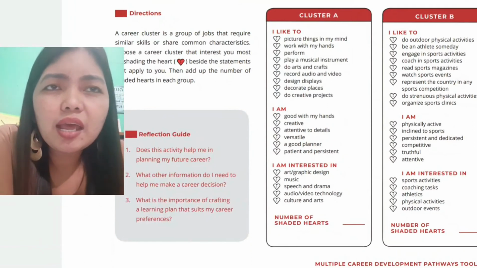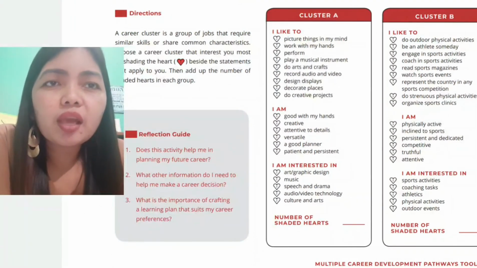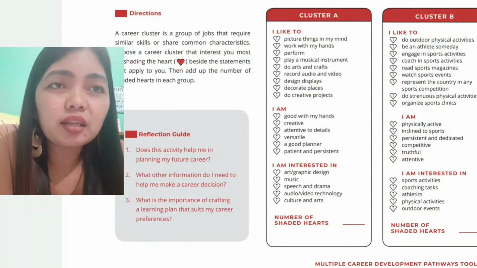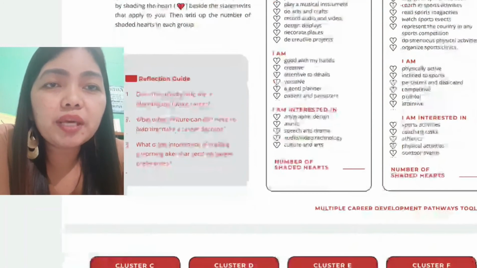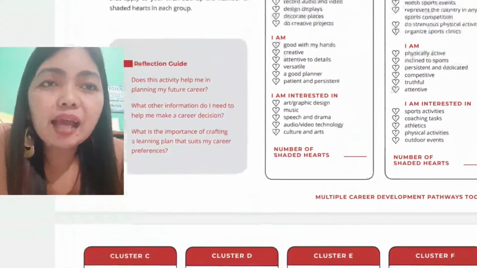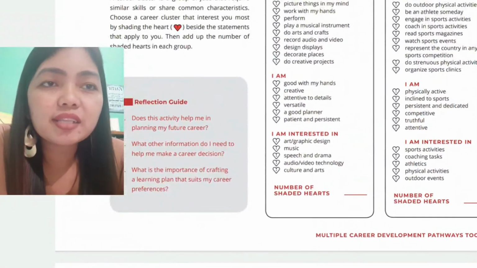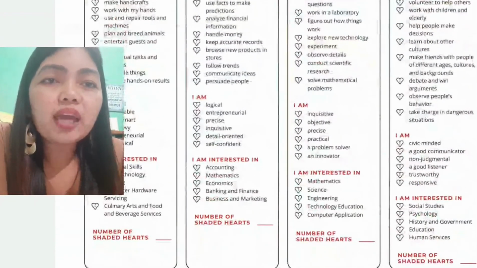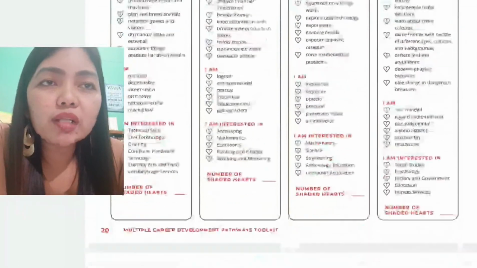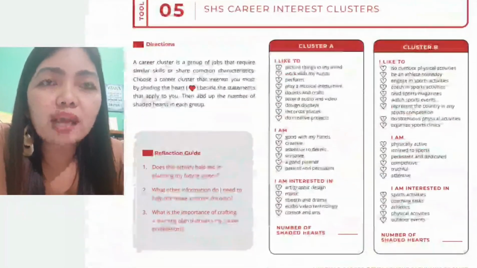So, kung alin dyan napili nila, they have to shade the heart. And next is I am, and then I am interested in. Same thing with cluster B. Then after which, kailangan nilang bilangin kung ilan yung mga shaded hearts na. Okay? And they have to do it for the different clusters, up to cluster F. So, meron tayong 6 na clusters dito.